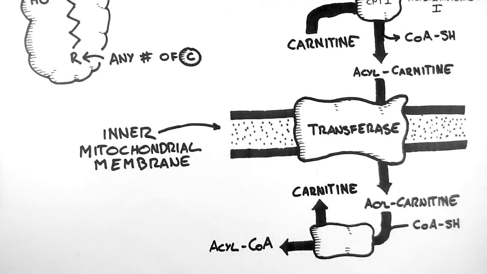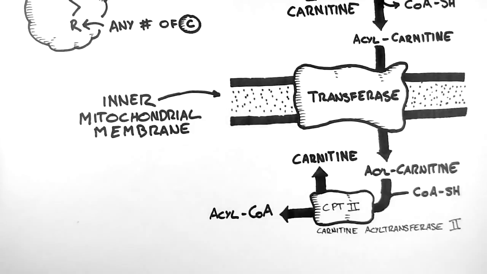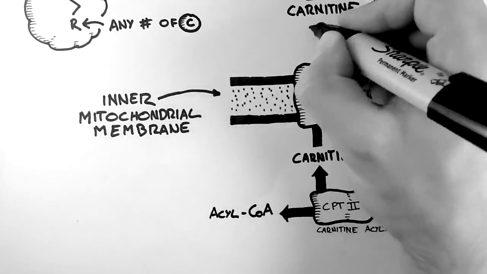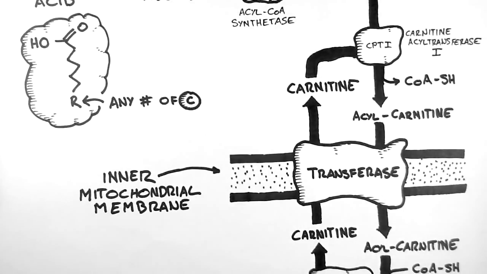The only difference is that this time the acyl-CoA is within the inner mitochondrial membrane. The enzyme that does all this is carnitine acyltransferase 2. The carnitine then gets shuttled back across the membrane to continue this process.